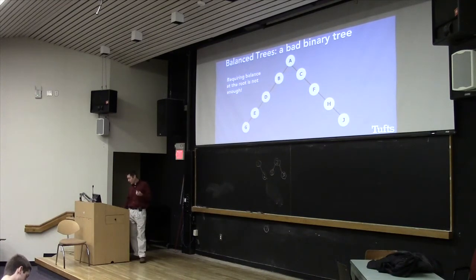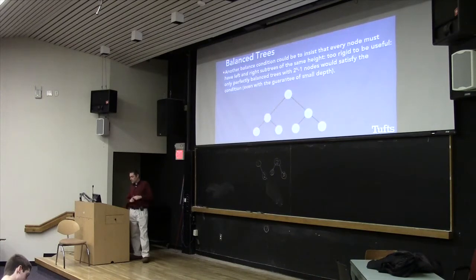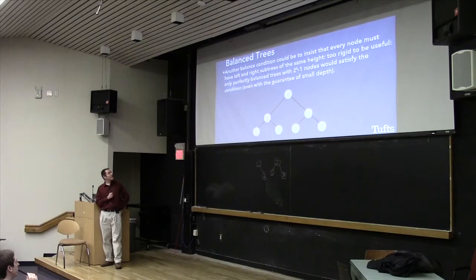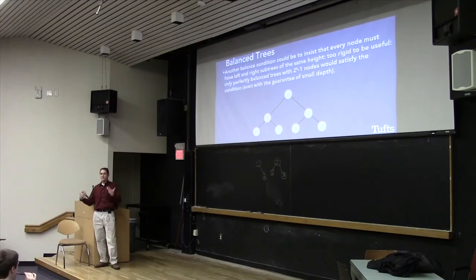Okay. Other ideas, you could also say, let's insist that every node has a left and right subtree that's the same height. Well, first of all, if you have some non-power of 2 number of elements, or I guess power of 2 minus 1 elements, you're not going to be able to get the right number to fulfill this requirement ever.